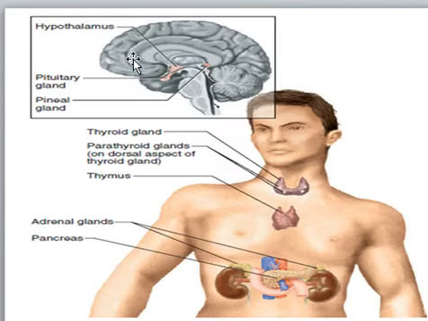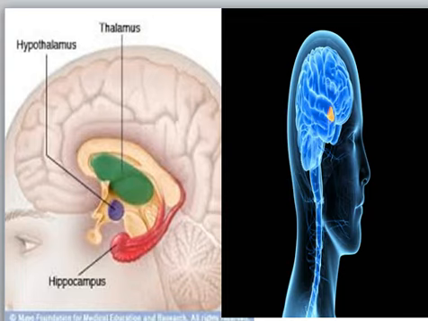Here we see that three of these master endocrine glands are located in the brain: the hypothalamus, pituitary, and pineal gland. We start with the hypothalamus.